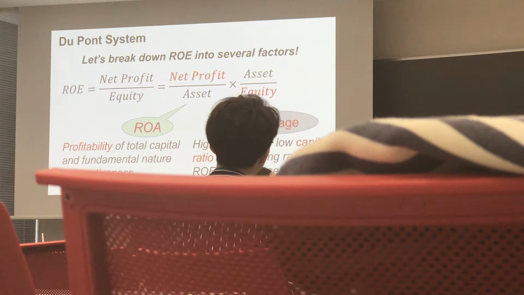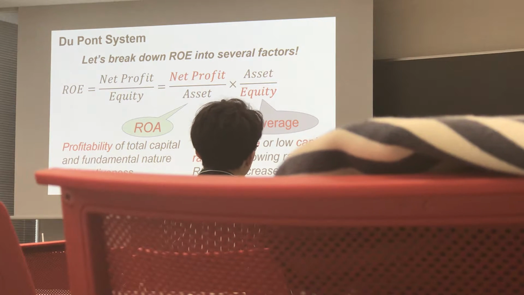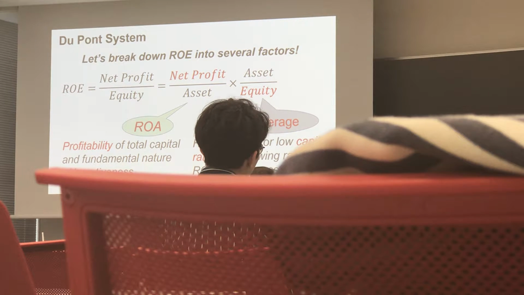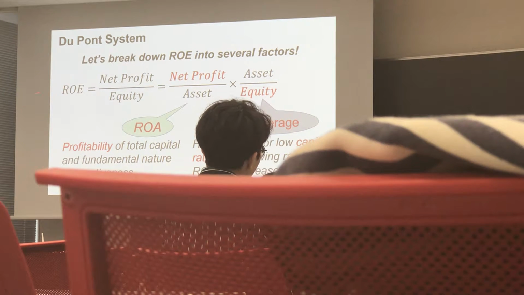And then the DuPont system. You learn how to evaluate a company's profitability. The major metric is ROE, return on equity. That is net profit after tax divided by the shareholders' equity, or equity. And that can be broken into two parts: net profit over assets times assets over equity.